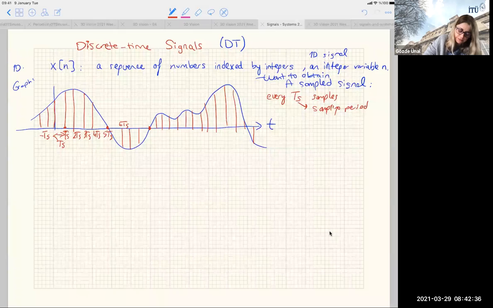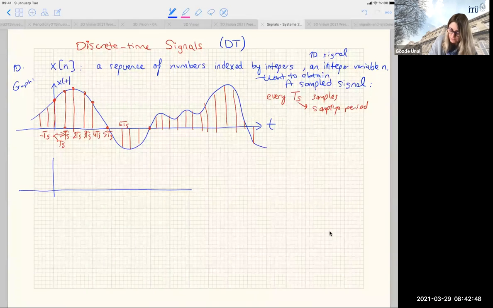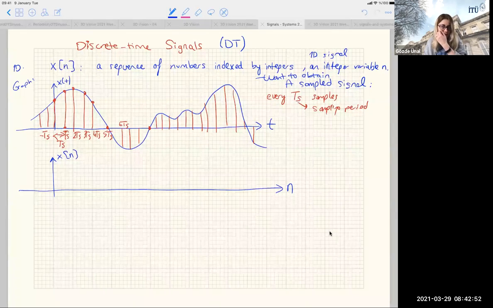These red samples, we take to a new graph, a discrete time graph, remember. This was x of t, guys. Now we go to an x of n graph. Maybe we've done it before, but because we're studying discrete time signals, let's repeat this. I take it to a new graph like this.